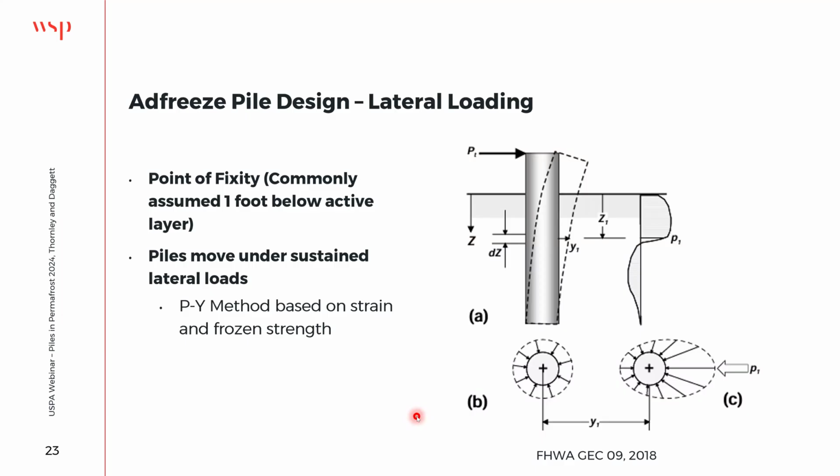But again, with this, the soils are going to continue to creep. So if you have a sustained load on this, you can expect to see creep movement when we're talking about lateral pile deflection. One approach would be to go with the p-y methodology, which is commonly used for assessing lateral strength in unfrozen soils.